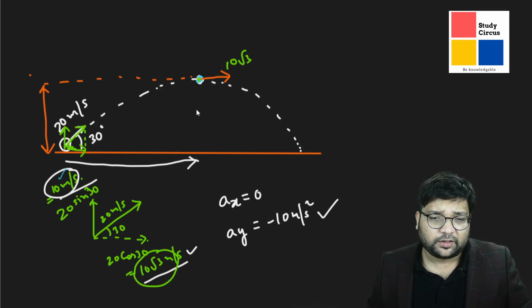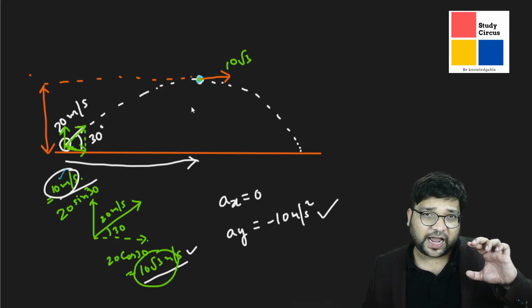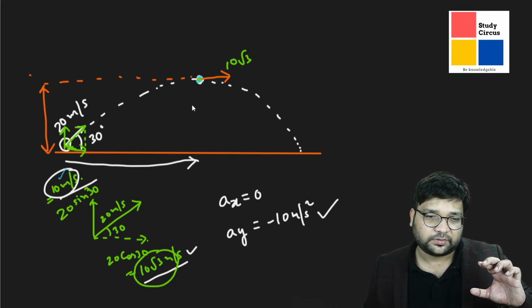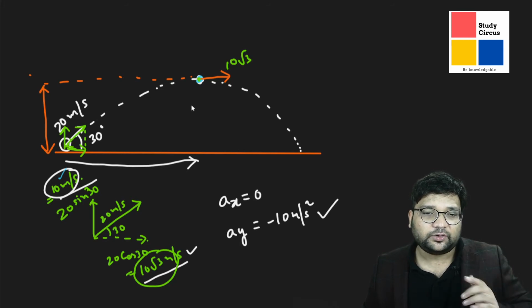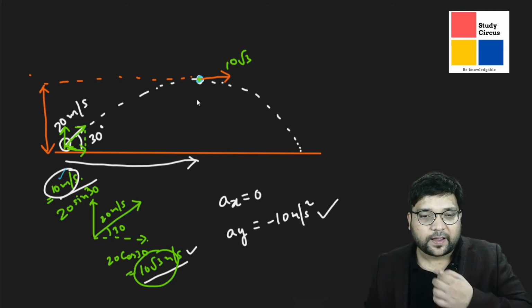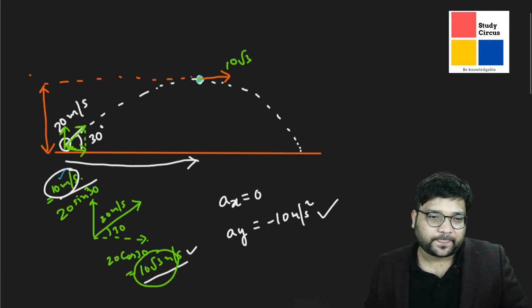So how much is the time taken to reach the maximum height? The time taken to reach the maximum height is the time in which this initial velocity of 10 becomes 0, right?